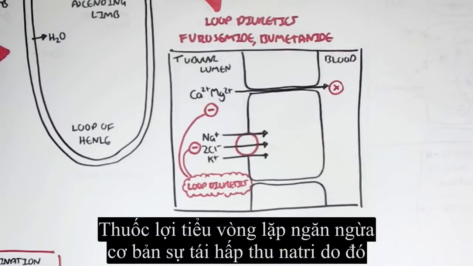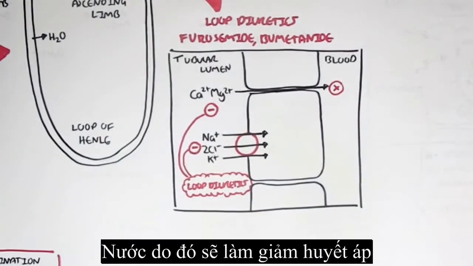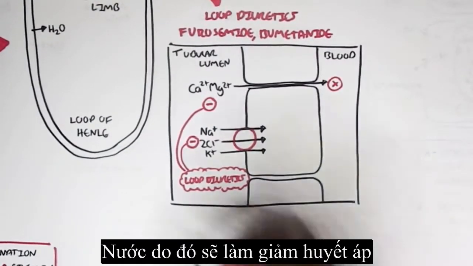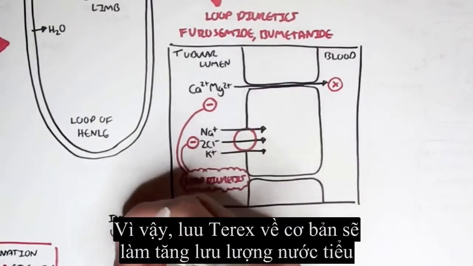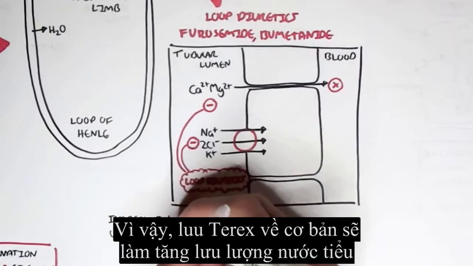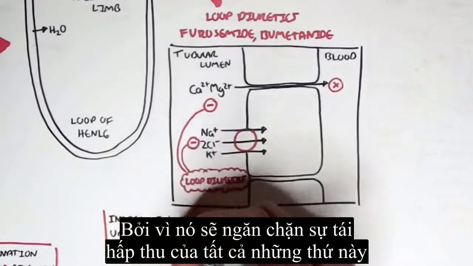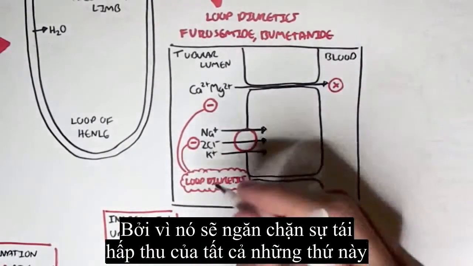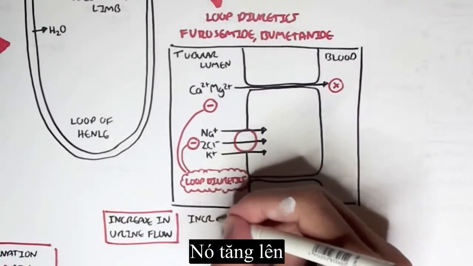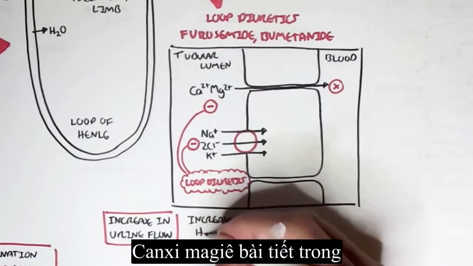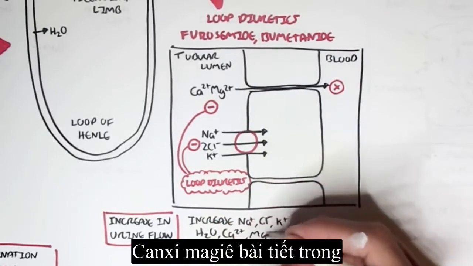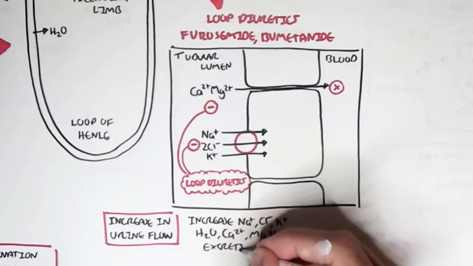So, loop diuretics essentially prevent the reabsorption of sodium, which therefore prevents the reabsorption of water, which therefore will decrease blood pressure. Some information: loop diuretics increase the urine flow because they prevent the reabsorption of all these things. They increase sodium, chloride, potassium, water, calcium, and magnesium excretion in the nephron.